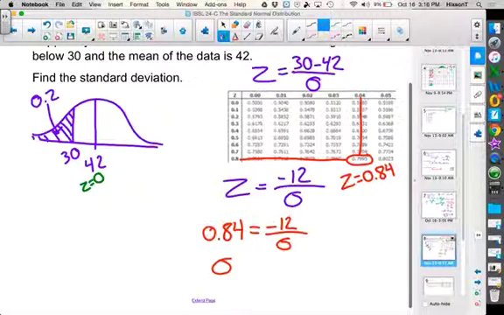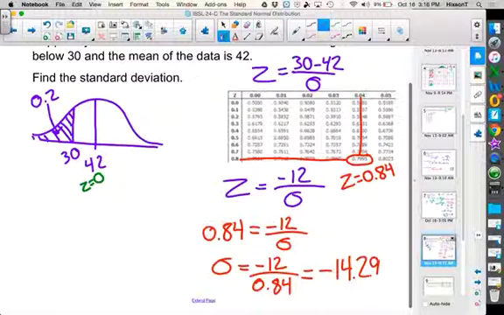So sigma is negative 12 over 0.84 if we do the algebra. And what does that come out to? What did you say? Negative 14.28, you said? 29?